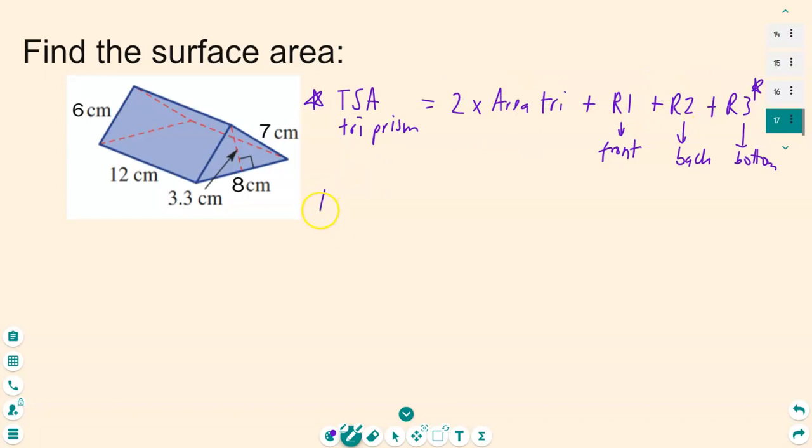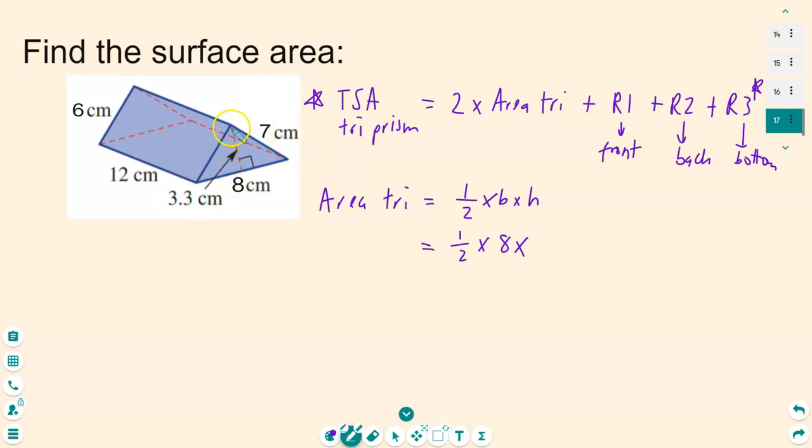All right. Area, triangle. General formula is half times base times height. Half times, what's the base of this triangle? It's 8. Times the height. Now you've got to choose between 3.3 or 7 here.